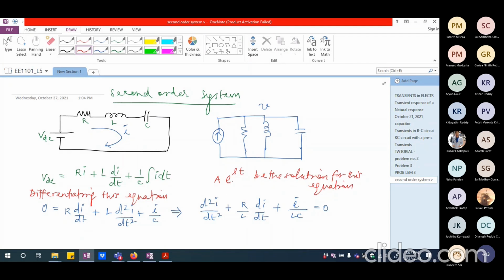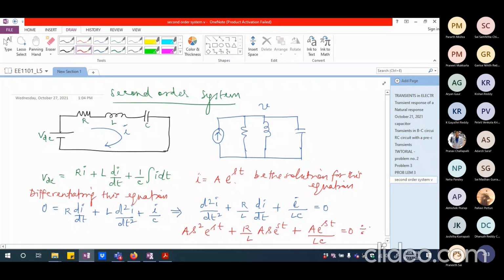I first get a times s square into e power st, plus R by L multiplied by a times s times e power st, plus, substituting I equal to a e power st, a e power st divided by LC, equal to 0.